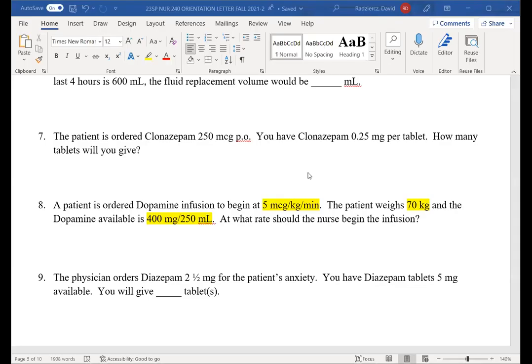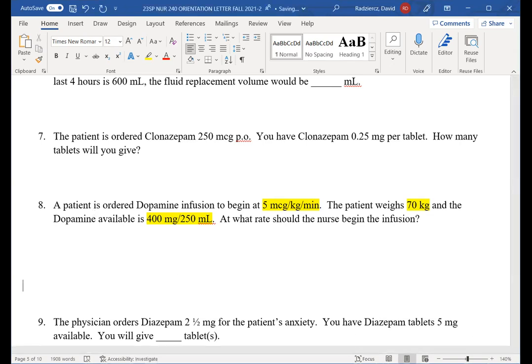So this is the Allegheny campus review sheet. One of the things that I like to call attention to is this dopamine question, because it talks about making a conversion from a weight-based infusion rate to a fluid-based infusion rate.